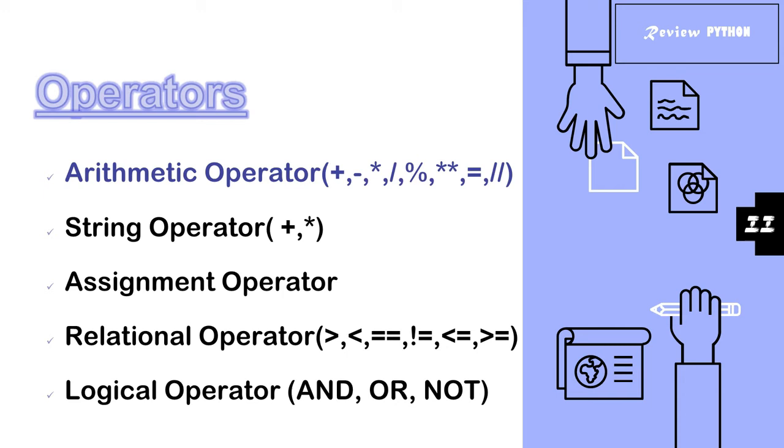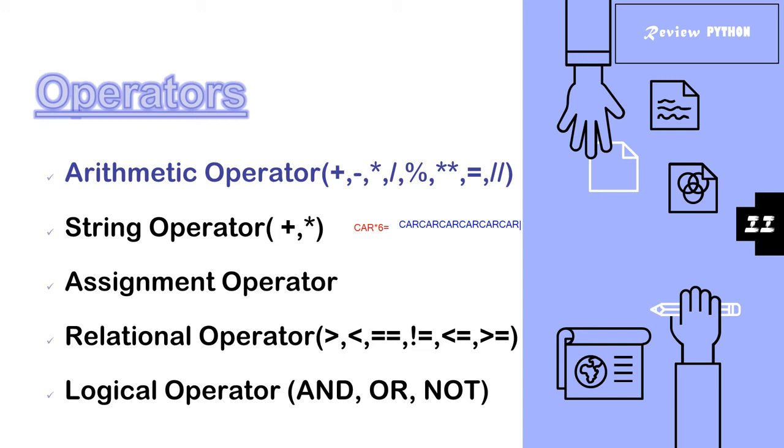For example, if I write "car" asterisk 6, it will produce the result where, let me just change the color and show you what result it will display. 6 times car. See, it will write the word car 6 times.